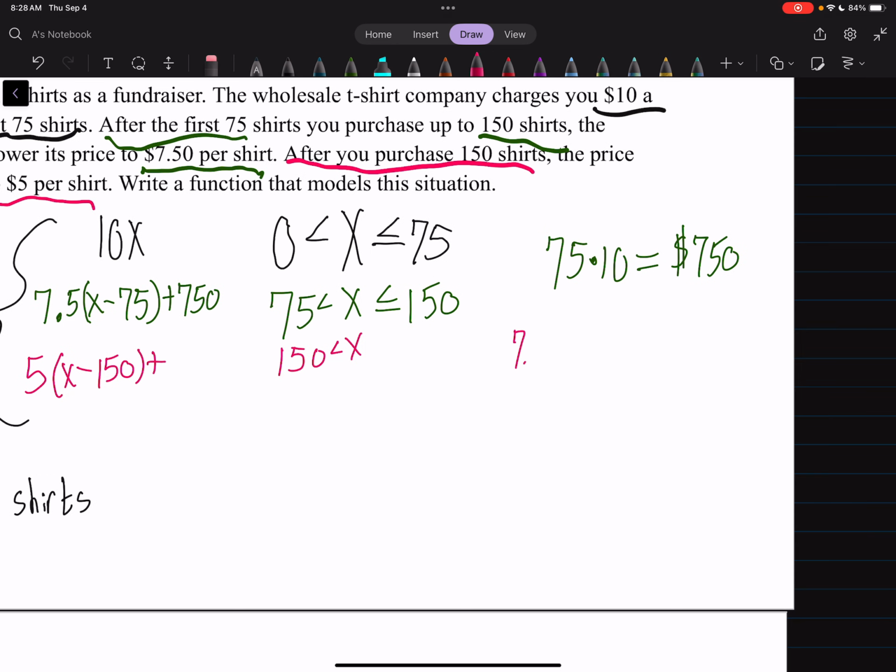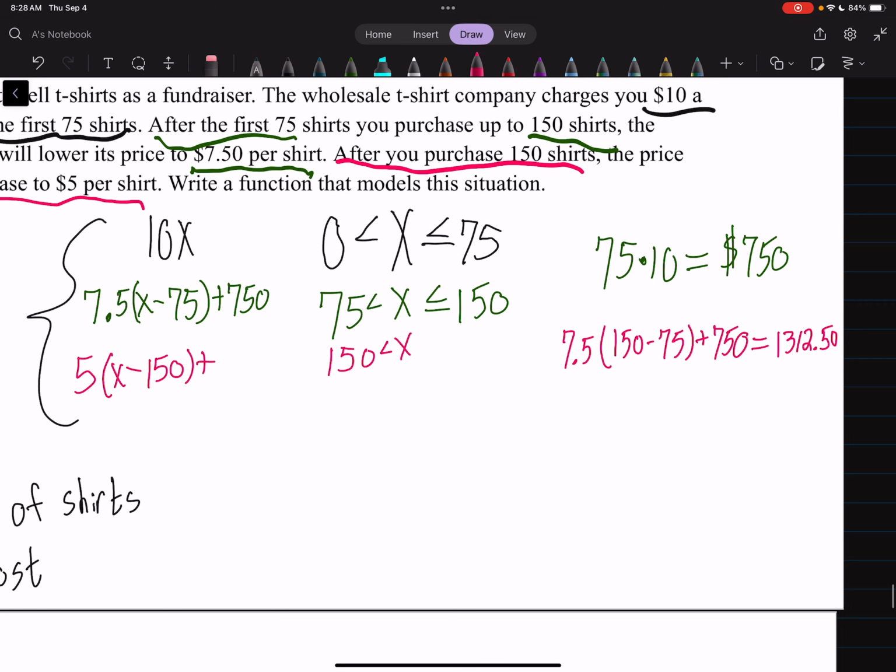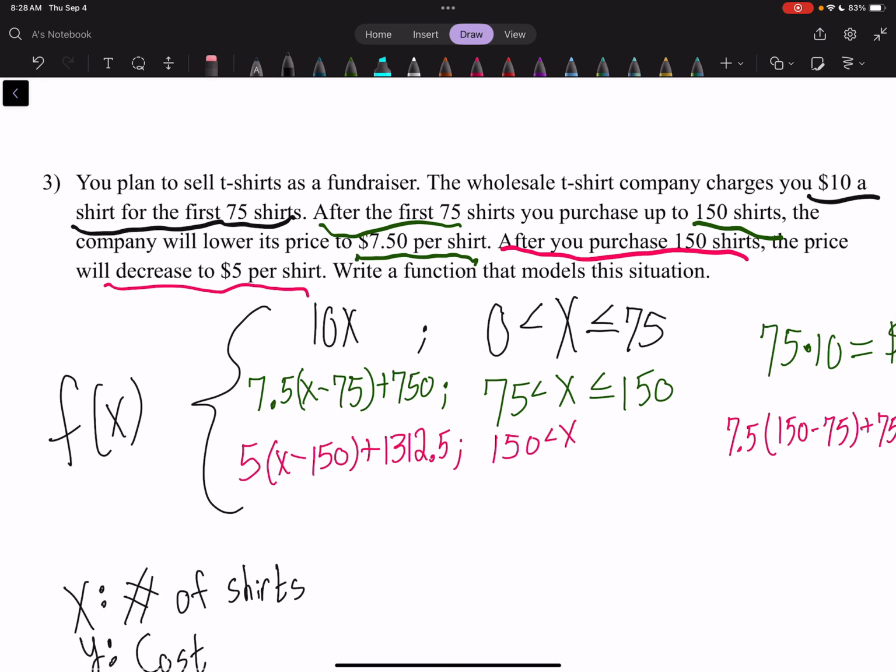So 7.5 times 150 minus 75 plus 750 is equal to $1,312 and 2 quarters, 50 cents. 1312.5. This problem is finished.